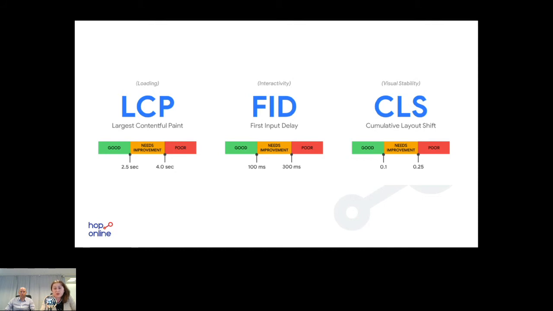There probably will be also other metrics that will be included in there. But the good news is that most Search Console users already have the Web Vitals report. It replaced the page speed report.